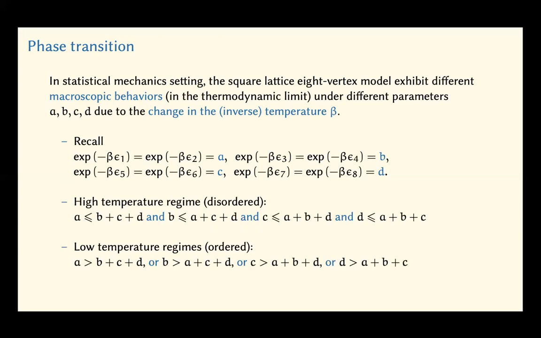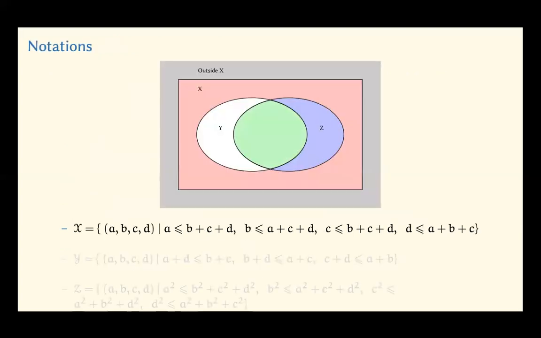And there is another type of phase called ordered phases. They represent low temperature regimes. It's characterized by one of A, B, C, D being dominant over the sum of the other 3. Let's use the following notation. We use the script X to denote the whole disordered phase.